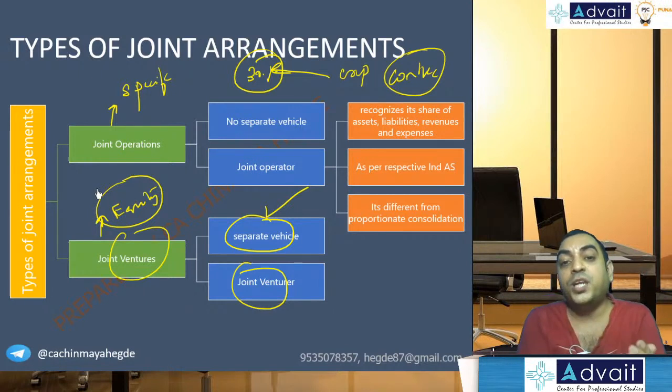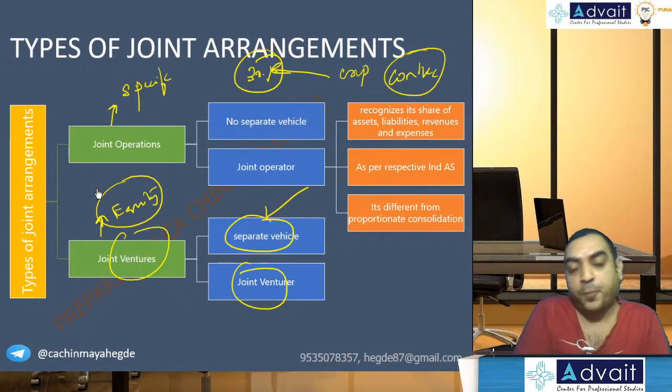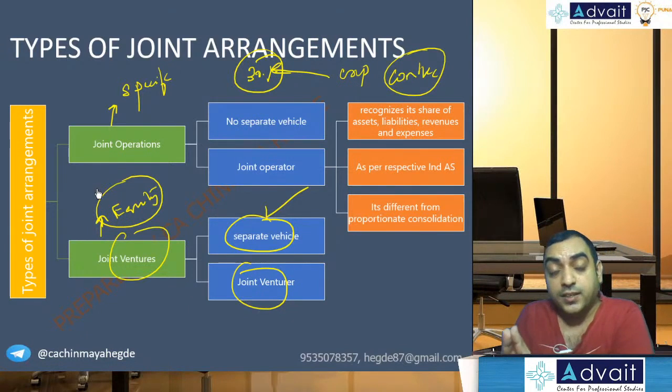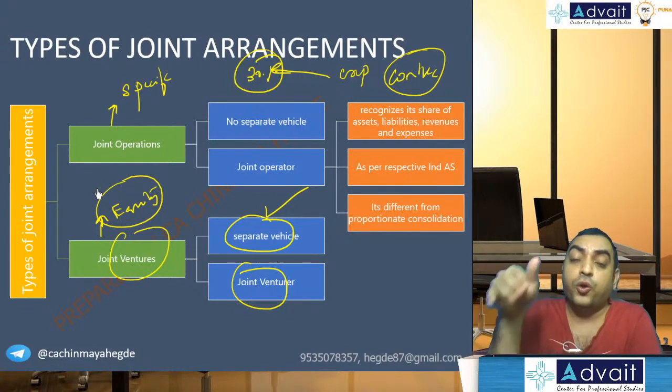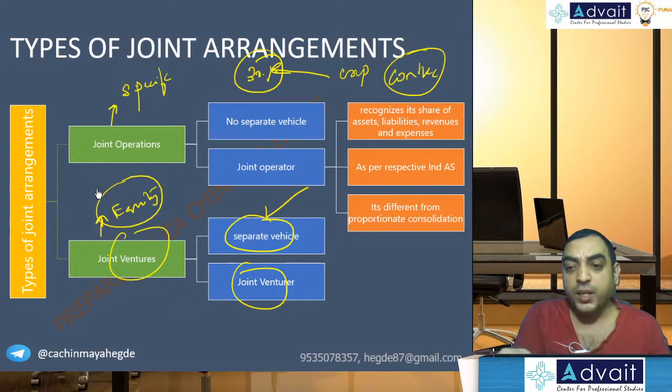No separate company will be formed. Therefore, there we follow specific accounting, proportionate consolidation. Whereas under joint venture, a separate entity is formed, and there we follow the equity method of accounting. Equity method is similar to Ind AS for associates. For both associates and joint venture, we follow the equity method of accounting.